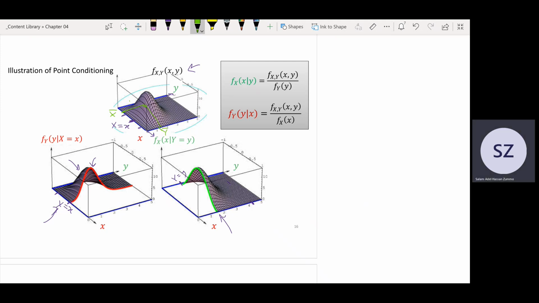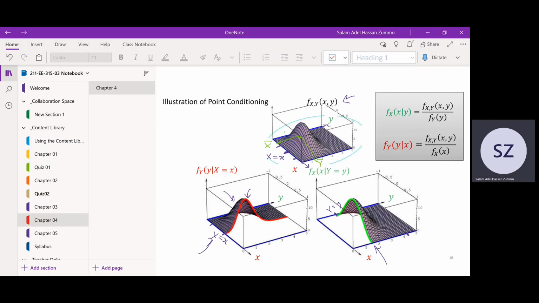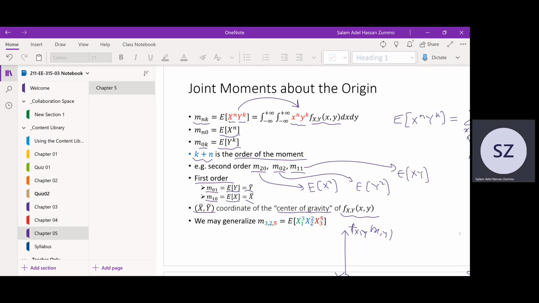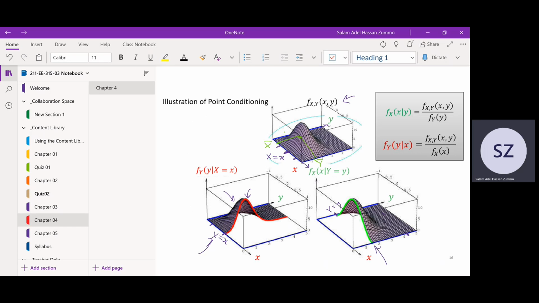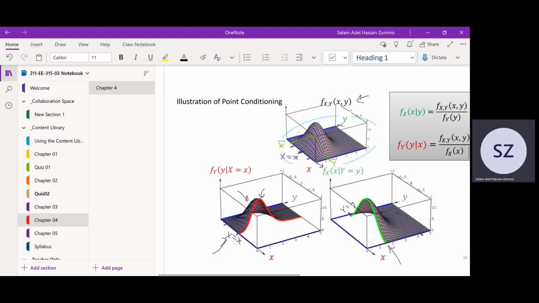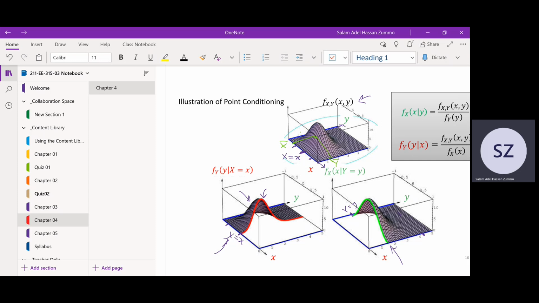Okay? Any question? Of course. A volume needs dimensions, right? So I have here the x dimension, the y dimension, and the PDF dimension.